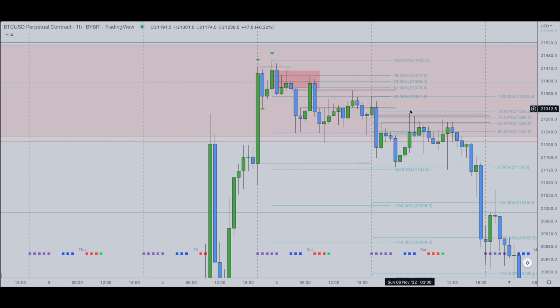We fill it in, come down, come back up one more time. The midpoint, that mean midpoint or consequent encroachment, which is the midpoint of this fair value gap. And we can see price is touching the lower end here. One candle, two candles, then we get a sell-off here.